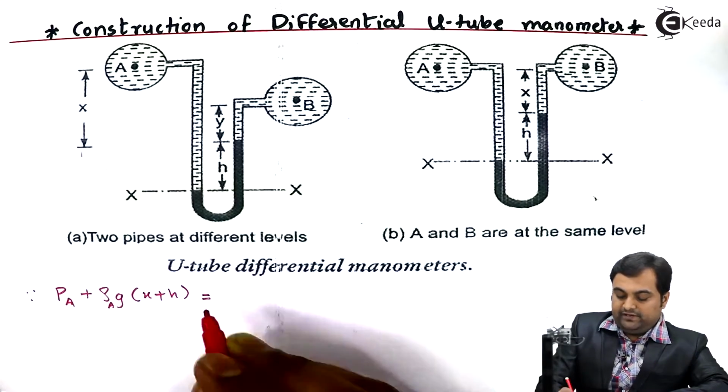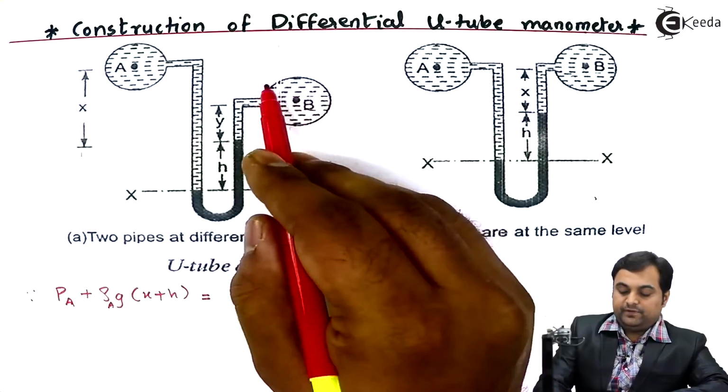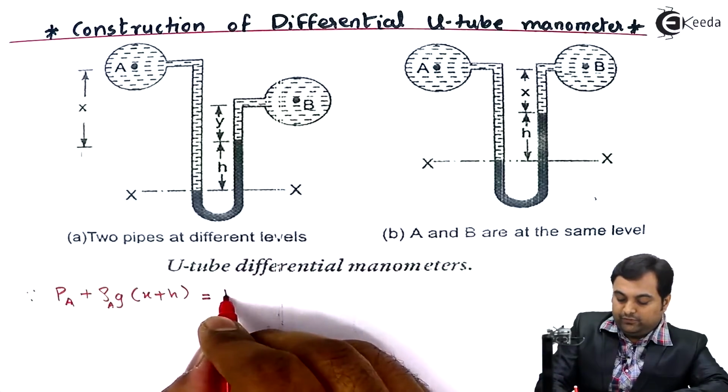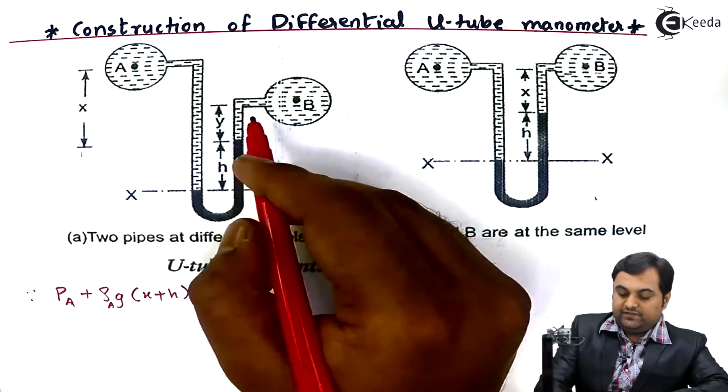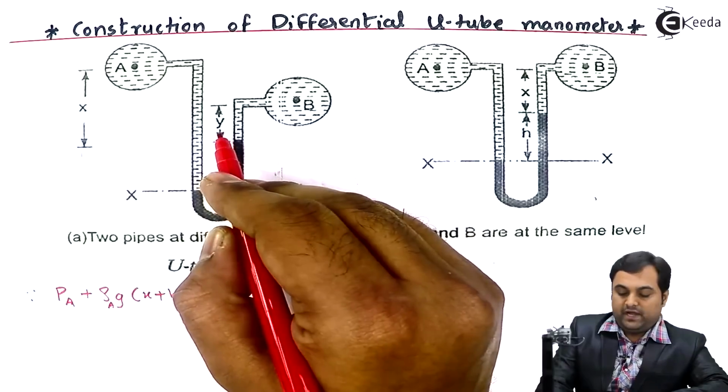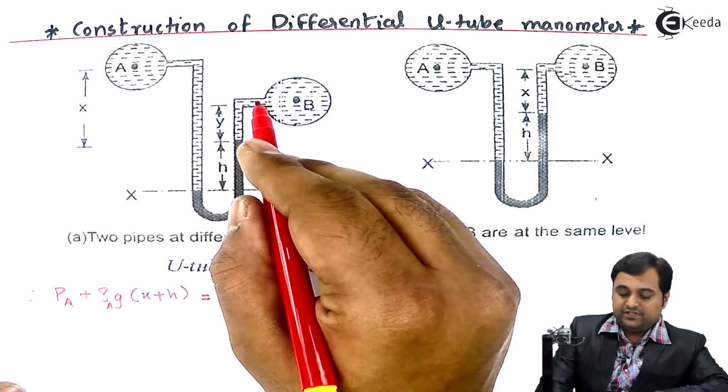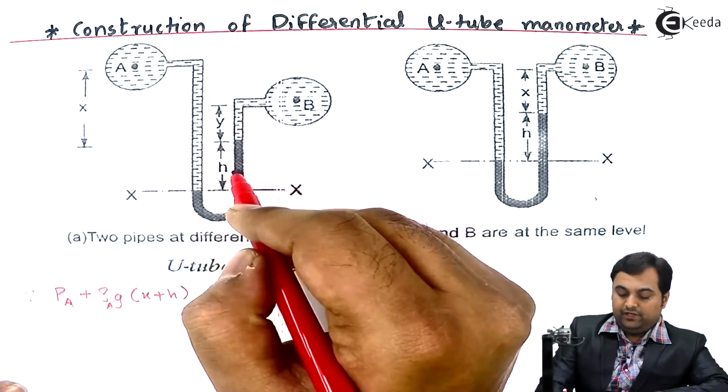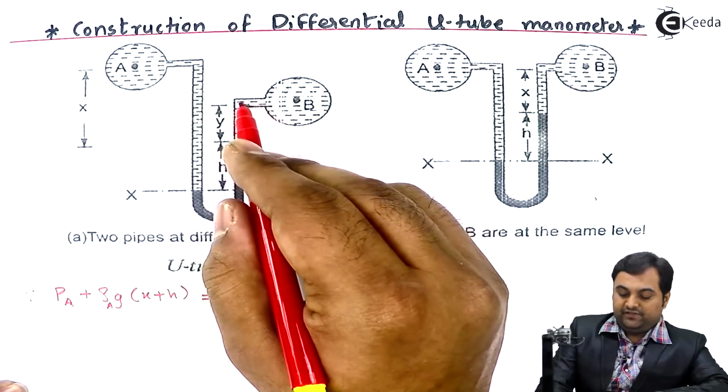For the right limb I can write this as: here we have pressure PB of the pipeline which we want to measure. Next there is height H plus Y, that is, pressure is exerted by mercury as well as by the fluid.